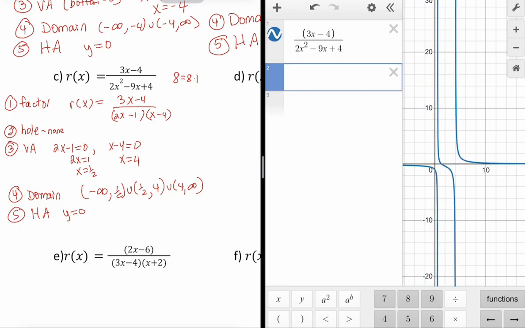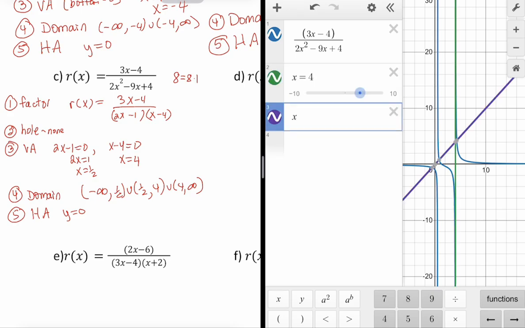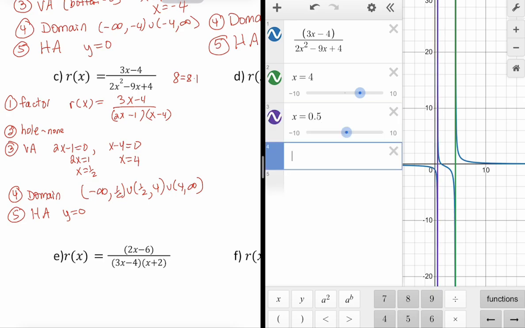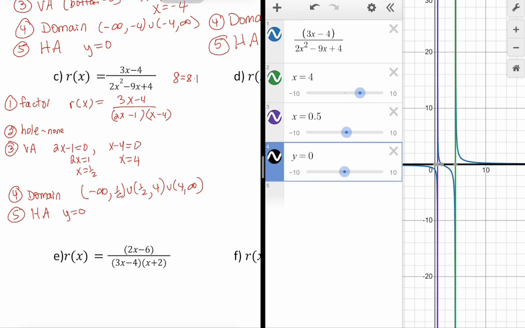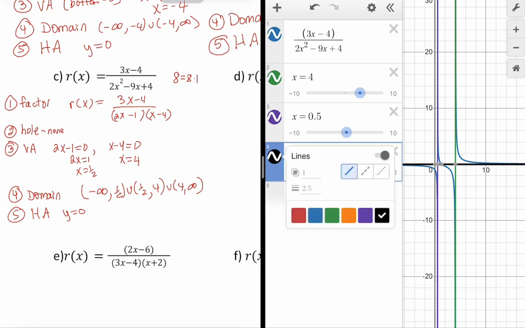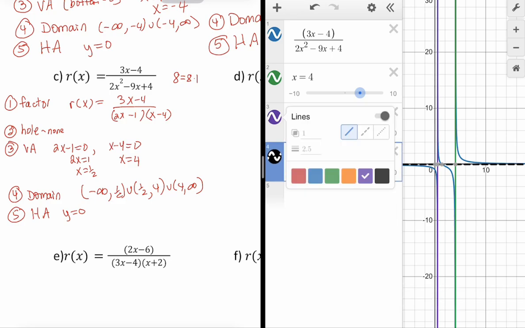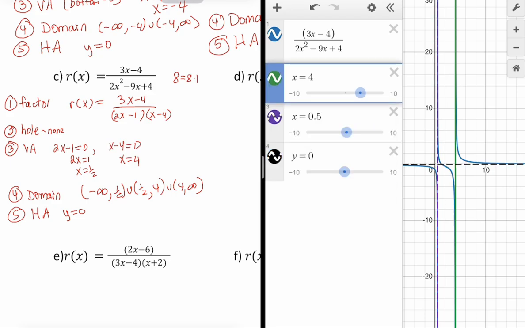You'll notice our graph is in 3 pieces. If you type in x equals 4, x equals 1/2, and y equals 0, we can see very clearly that our graph indeed has values. Sorry, I can't get that one to work.